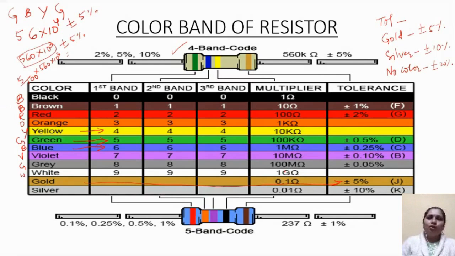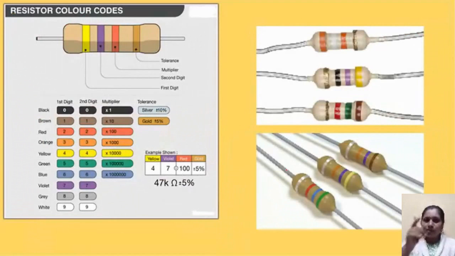Okay. So moving to next, this is another chart of resistor color codes. Here also you can see what we have done. This is for first digit, that is yellow. So yellow is 4, violet is 7, and red is 2, that is 10 power 2. 10 power 2 is 100.